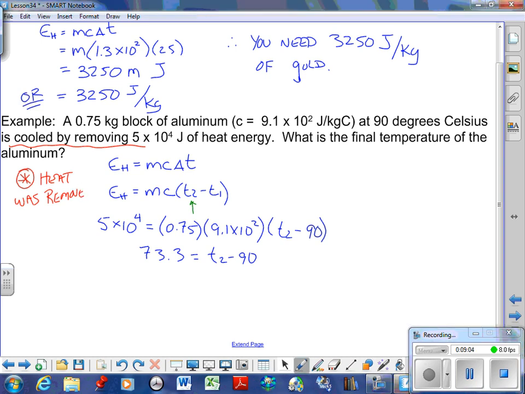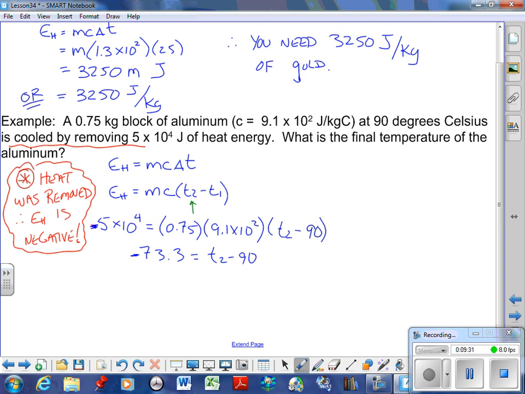So therefore, EH is negative. If you're taking heat away from the system, it's being subtracted away, so I should have had that as a negative number. Not a big thing to change here. So the negative goes in there, which makes a whole lot more sense for us.